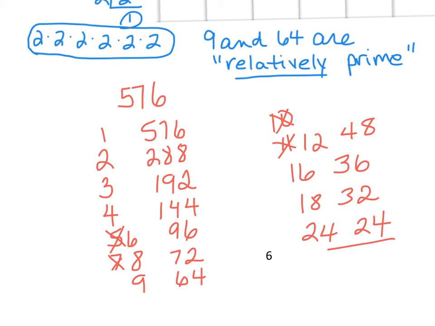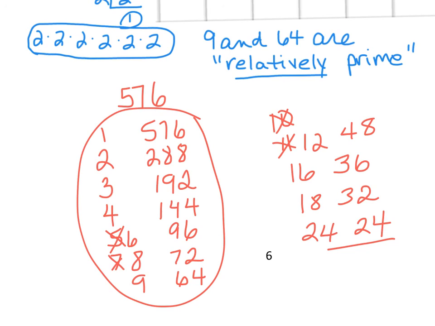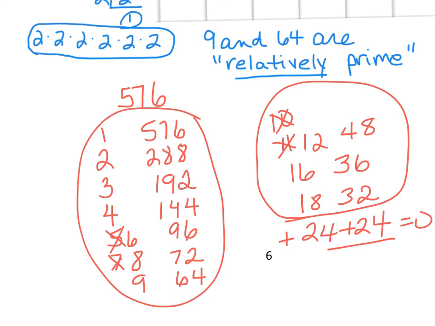So while it's pretty obvious that none of these, with both of them being positive, is going to give us a 0. If these are both positive, that doesn't equal 0. If these are both negative, that doesn't equal 0.